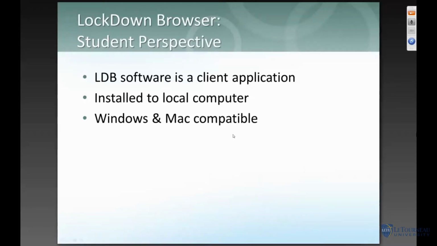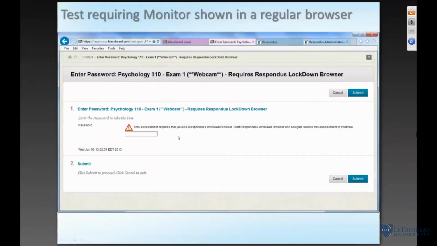So for the sake of time today, what I'd like to do is just show you a screenshot of what would happen if a student tried to access an exam that requires LockDown Browser, but they're using a normal browser to do so. So this is just an idea of a sample error message that the student would receive. And it basically states that the assessment requires that you use LockDown Browser, start LockDown Browser, and navigate back to this assessment to continue.